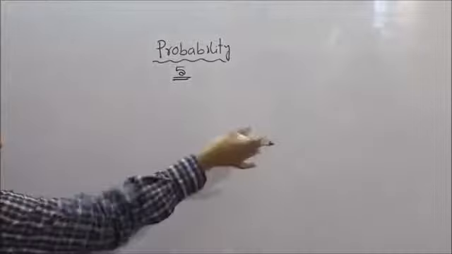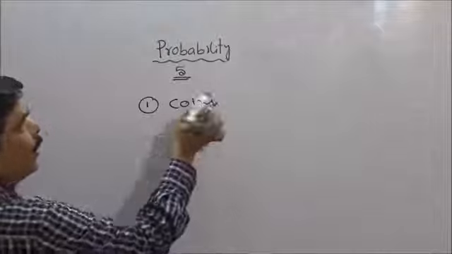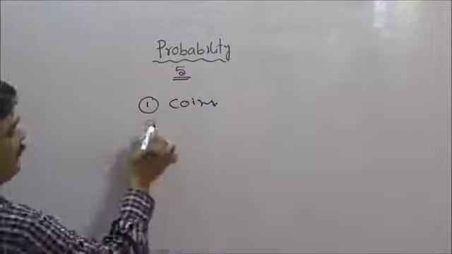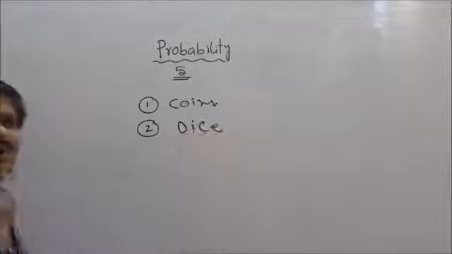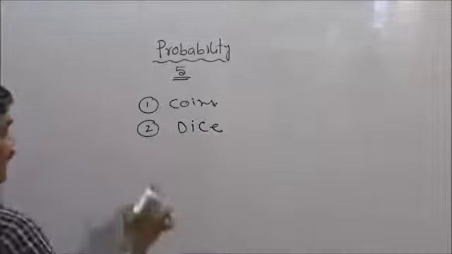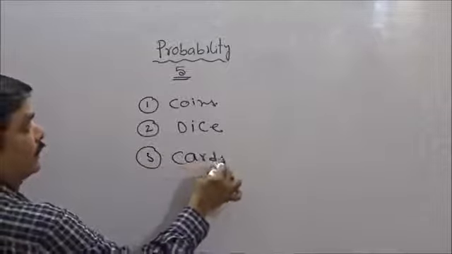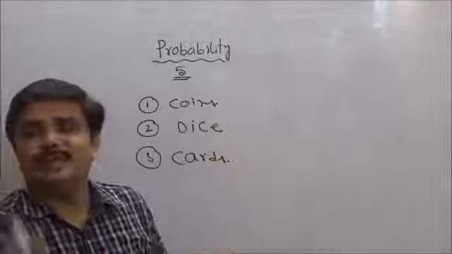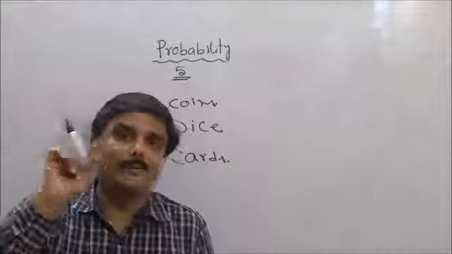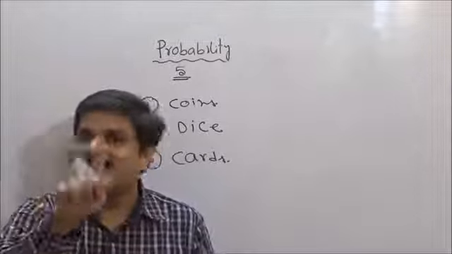One type, just now we have discussed a small question: problems based on coins. Then the second one is problems based on dice, most commonly asked questions. Then problems based on cards, pack of cards, or deck of cards. Generally they take 52 cards into consideration, picking up one card at a time, 2 cards, 3 cards or 4 cards, but very logical questions on cards are there.